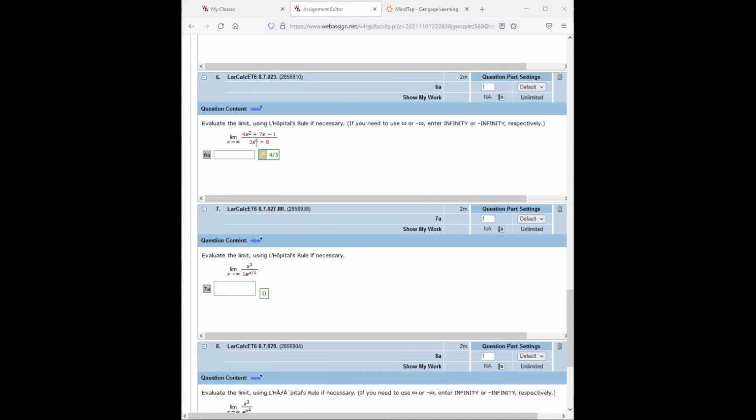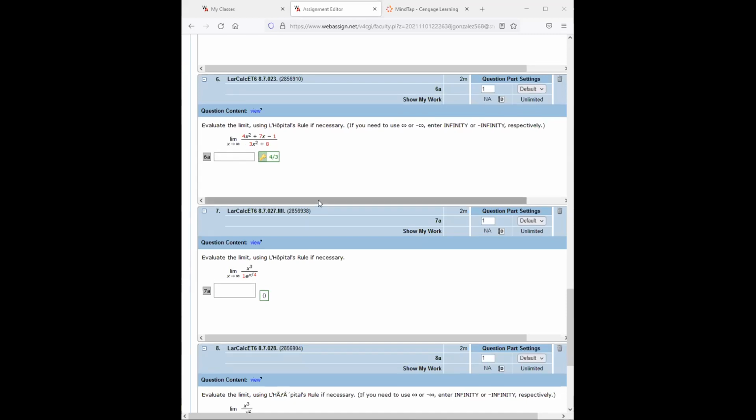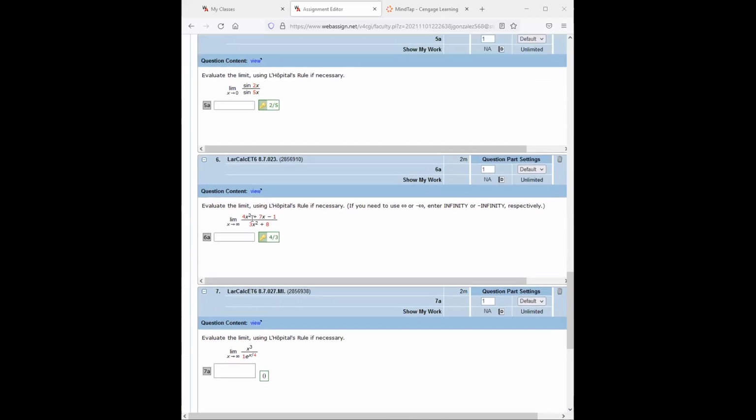This isn't too bad. For 6, is it that same rule of the exponents? Like if you have 2 of the same, it just equals that. Number 6, with the 4/3, right?